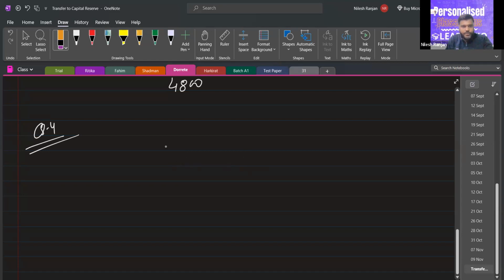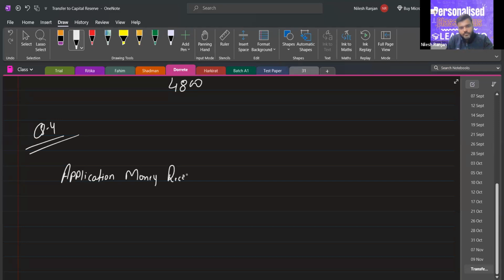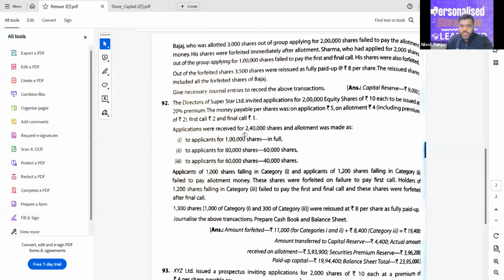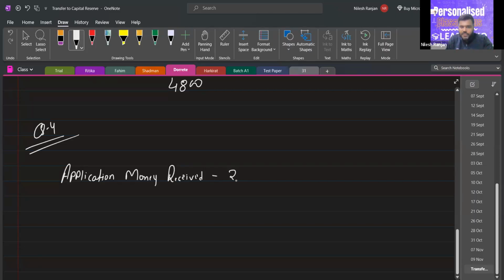Application money received: total application received is 2,40,000, so 2,40,000 into 5, it is 12 lakh.